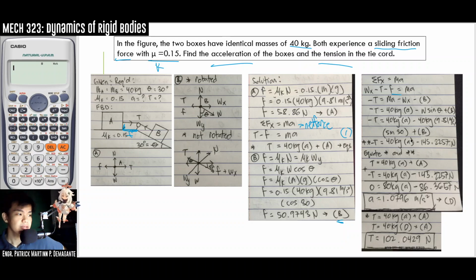Tama ba? To get the value of T, so we will have here what? And magiging 0 pala si T, no? Then we'll have A. We can solve for the acceleration. Then, isa-substitute na lang natin yung value ni A dito sa ating tension equation. So, dito, makukuha na natin yung value ni tension.